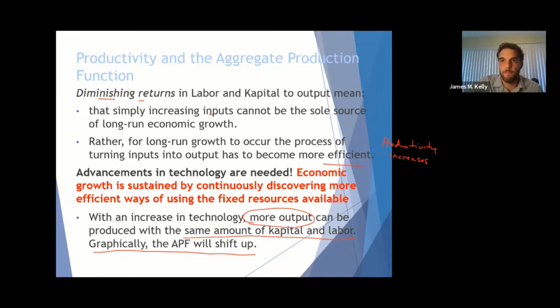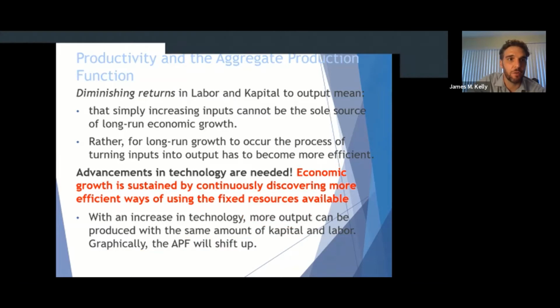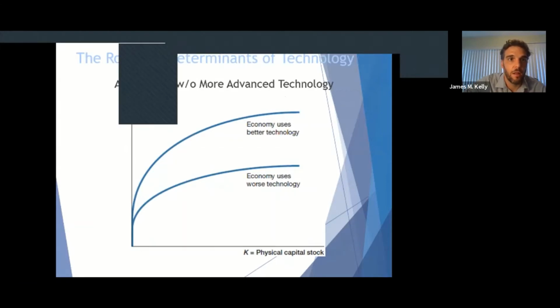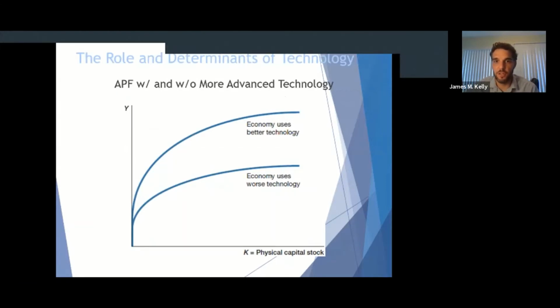All right, so let's take a look at what happens when there is an increase in technology. Well, notice that the aggregate production function has shifted up. It's kind of tilted up, but it's shifted up. Here we have an economy with higher levels of technology.